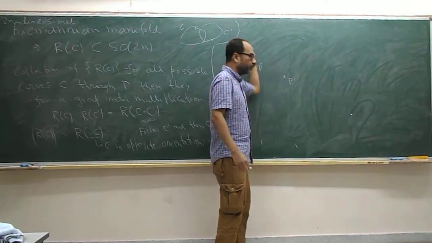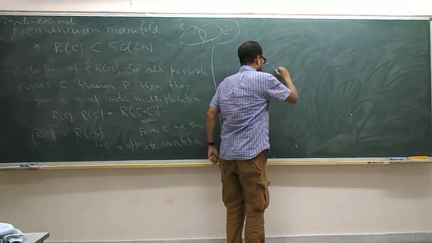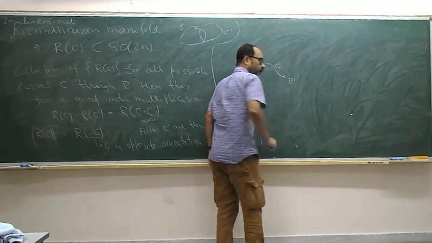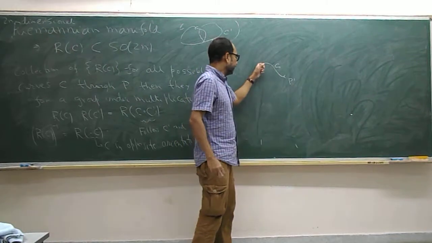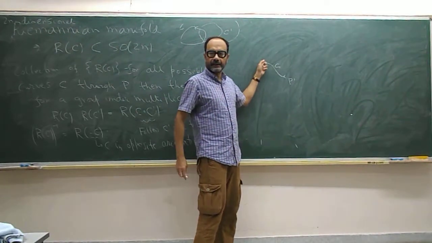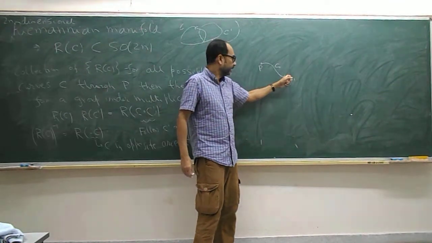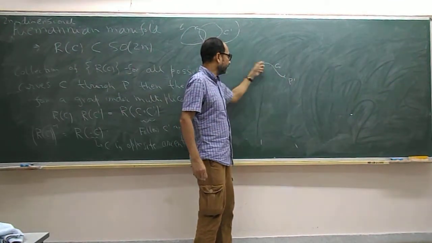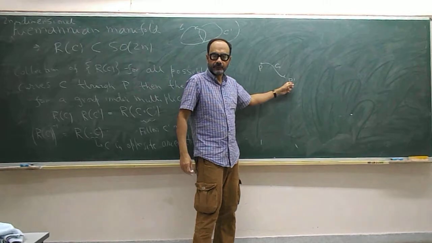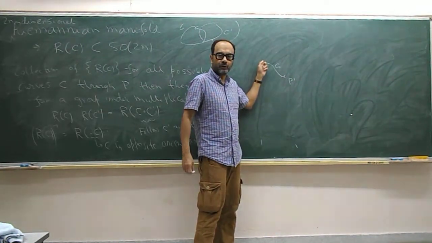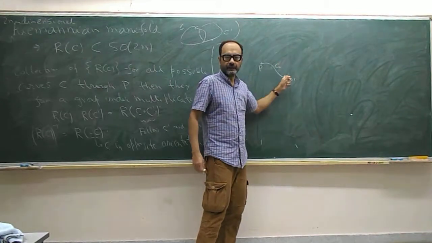Given a path through P, draw some arbitrary curve, keep it fixed once and for all, some C naught. Then imagine that you have some path through P. We want to associate with it some path through P prime. You go along C naught, go like this and then come back. Similarly, given any path through P prime, we can associate the path through P by going here, going around this and coming back.